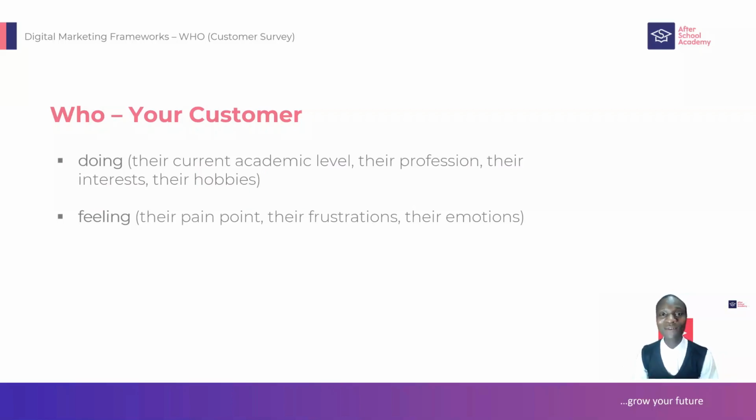So as a marketer, when you get to know this pain point, you ensure that your product is helping them in solving this pain point. And when you are communicating your marketing message, it will be hitting on the pain point. Okay, and that's the why of your product most times.